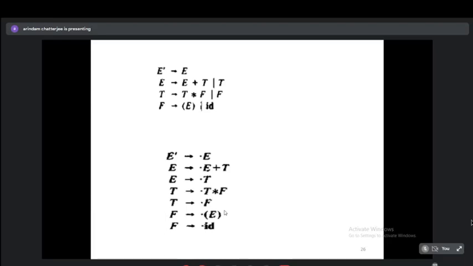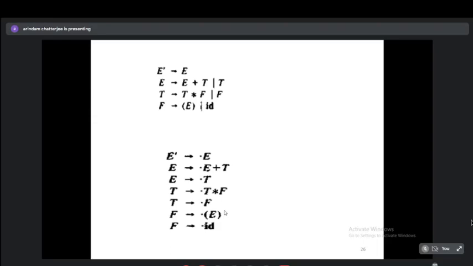I want to complete the discussion today here only. So on Friday, we'll be starting with this process, and hopefully we'll be able to complete the item construction process, followed by the next week's class, which will be basically explaining the parsing table construction and the parsing process.